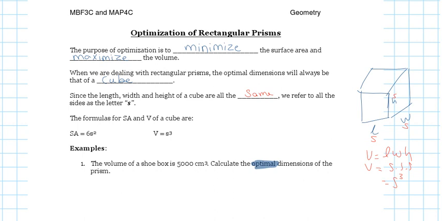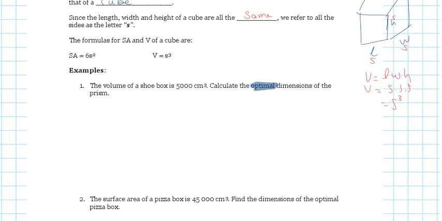Now, what am I optimizing, since they give me the volume? They gave me the volume. I only have one thing to optimize. What is it? The surface area, because the volume is given to me, right? So I'm optimizing the surface area. I want the dimension that gives me the best surface area, which is the minimum in this case. I'm just going to write this one time so you know what I'm thinking when you read it.